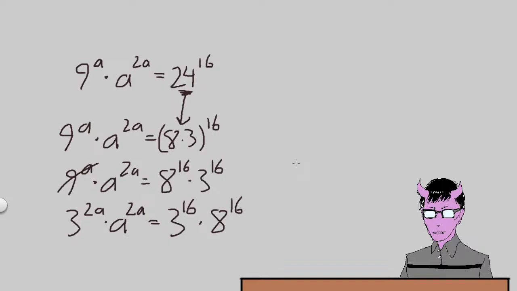So we have this, and it seems that some things have lined up almost too perfectly. We have base 3, we have base 3. We have 2 times a, which is a 16, right? And we have base a to the power of 2a and base 8 to the power of 16.